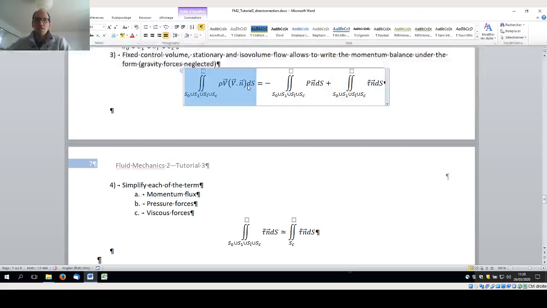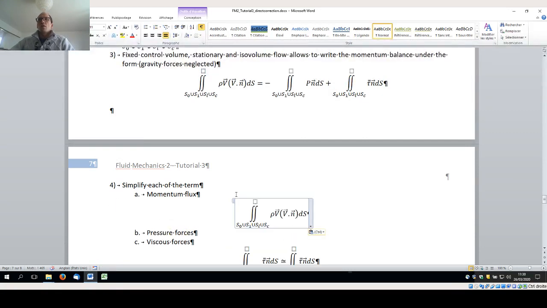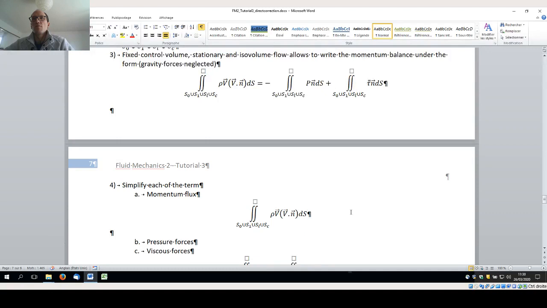So if we take the momentum flux, we identify the different sections.